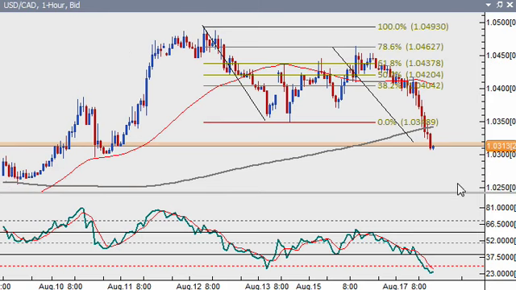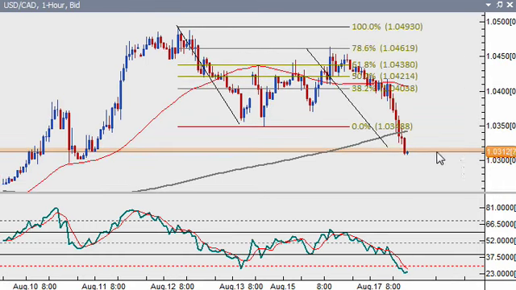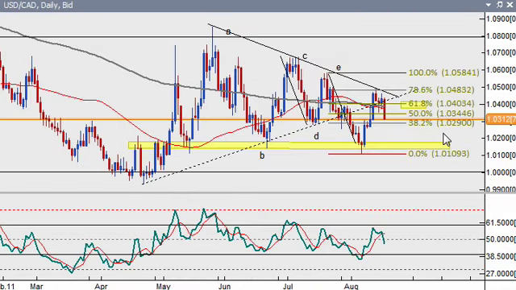That could be an AB equals CD pattern, which means if we do find some bottoming here, there may be a rally after that. In the daily time frame, however, you do see that we hit this resistance, and this was a declining resistance. So we're pretty much in this sort of declining triangle with your support right around the 1.0150 area, 1.02 area.